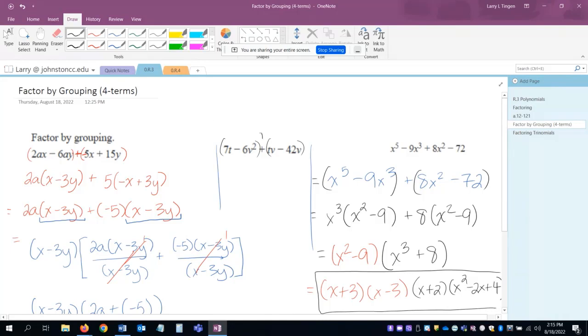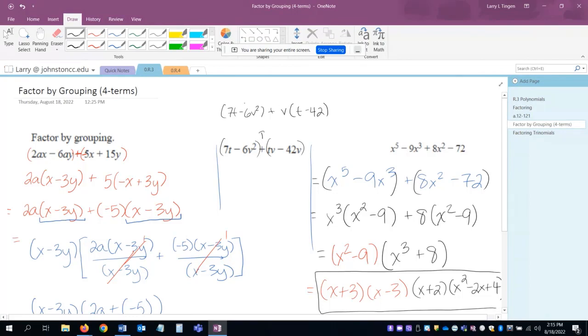So if you're doing this problem, plus I factor out a t over here, that leaves me v minus, factor out a v, that leaves me t minus 42.